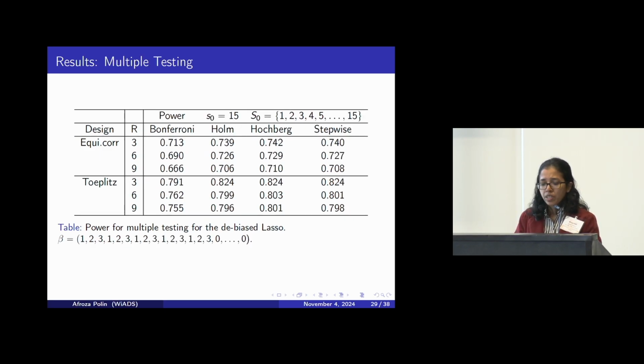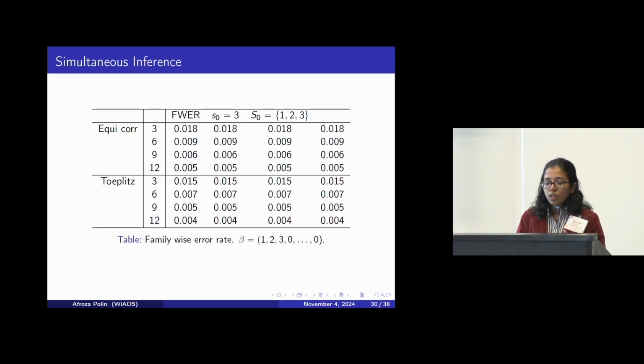But for 15, the performance of this technique is not as good as for the smaller number of S0. For the family-wise error rate, the type 1 error, you can multiply this number by 3 and compare it with 0.05.